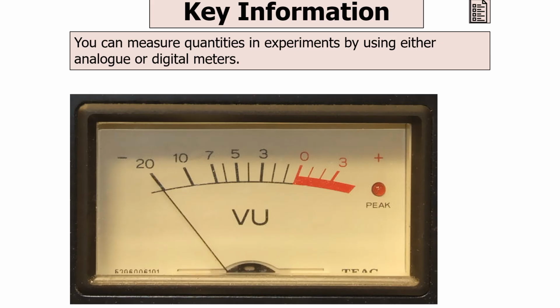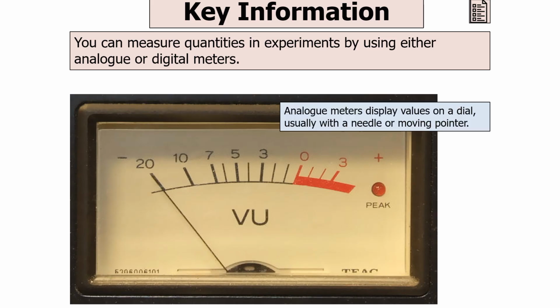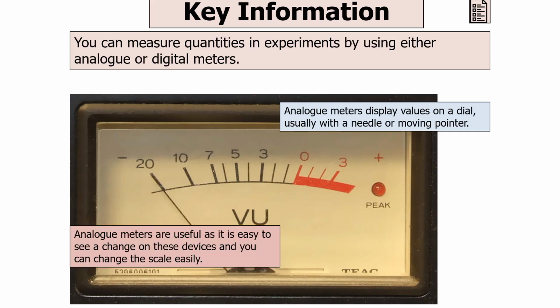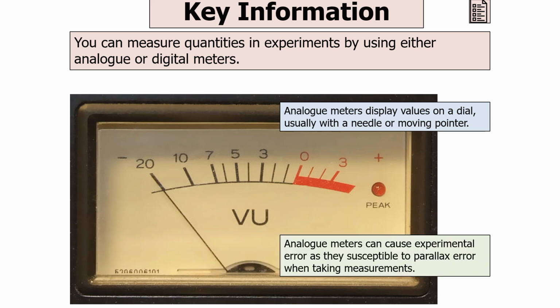Now you can also measure quantities in experiments by using either analog or digital meters. Now analog meters display values on a dial, usually either with a needle or a moving pointer. Analog meters are useful as it's easy to see a change on these devices and you can change the scale easily. Analog meters, however, can cause experimental errors as they're susceptible to parallax errors when taking measurements.